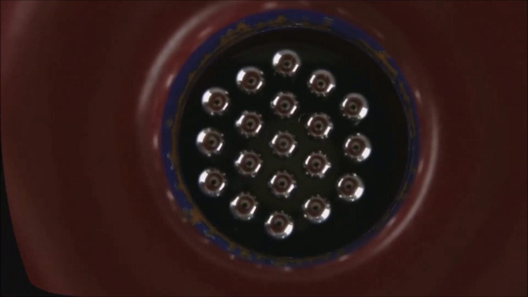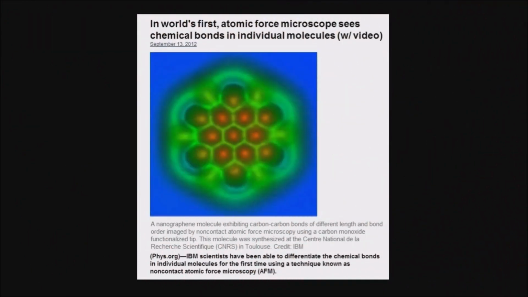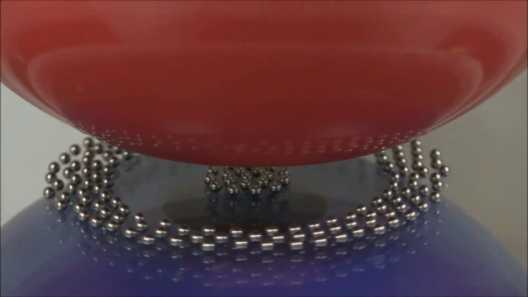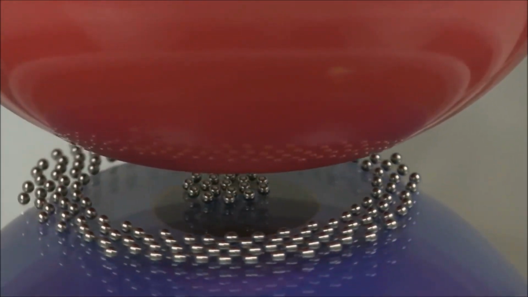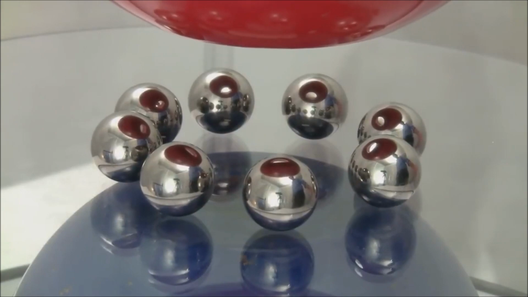Then in the nucleus area, we found that non-magnetized steel balls form geometrically shaped arrays that match the patterns found at the molecular level. We saw how non-magnetized steel balls formed amazing arrays around these bowl-shaped magnetic fields.